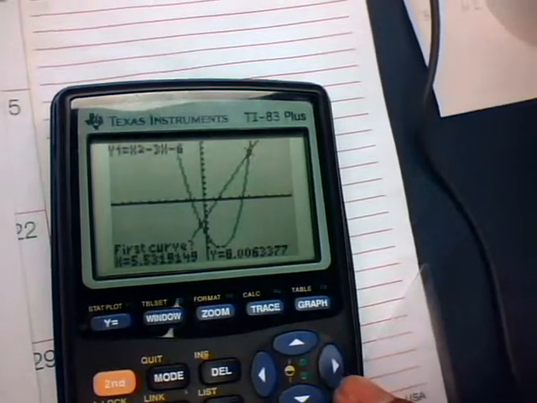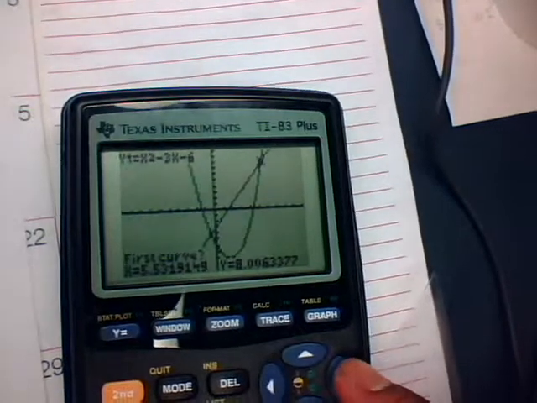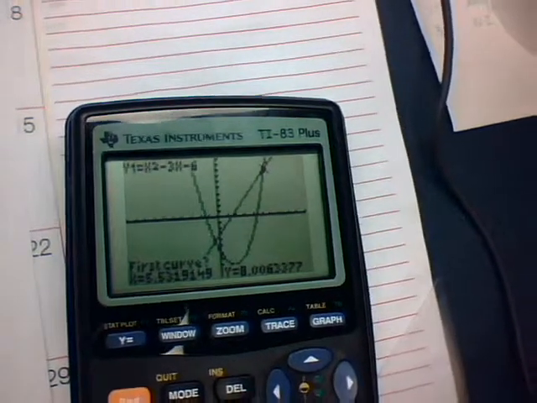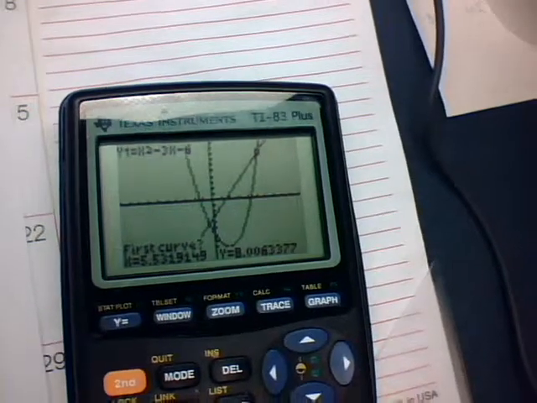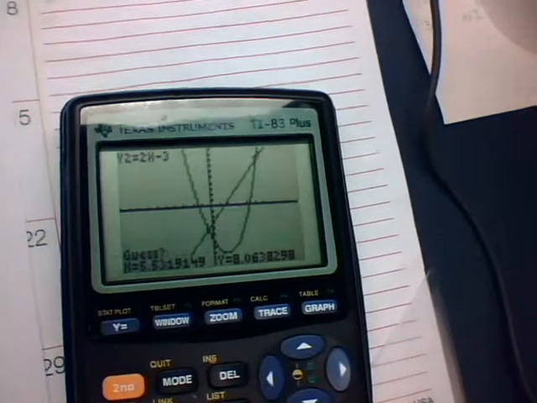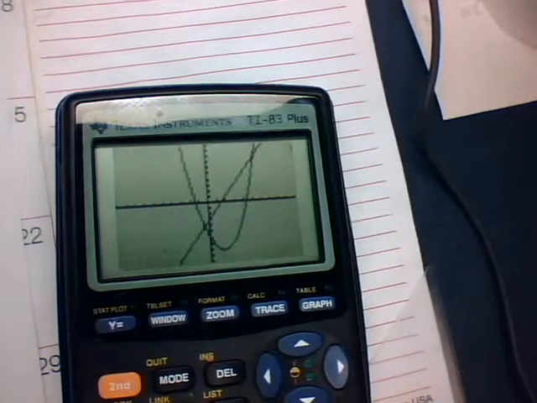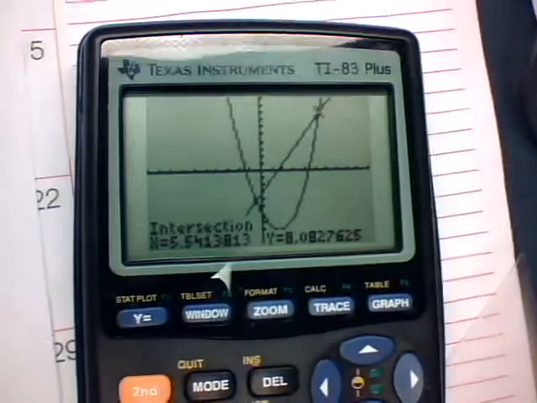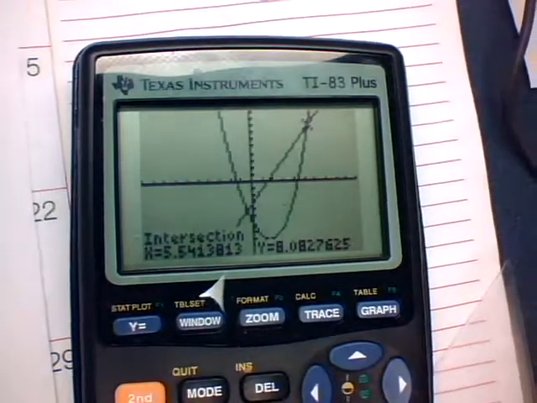It depends upon where that blinking cursor is. So put the blinking cursor as close to that point of intersection as you possibly can, and then press enter. Then press enter a second time. Press enter the third time, and you'll have your intersection, which is the ordered pair of 5.54 and 8.08.